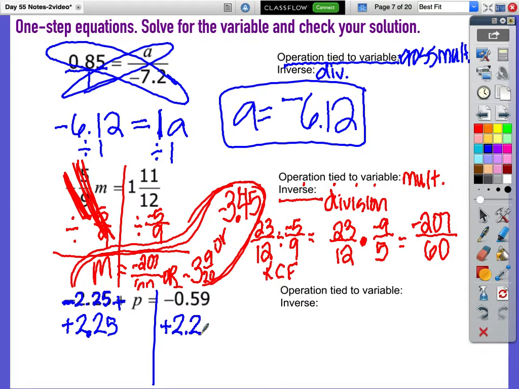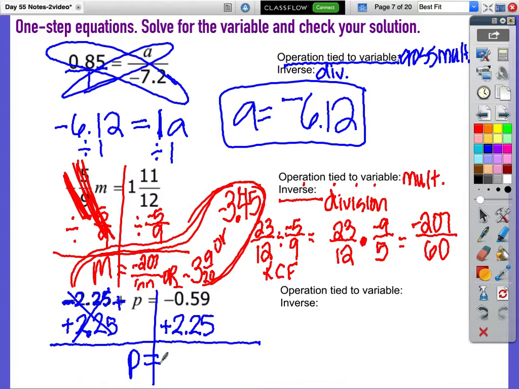Seems like a crazy thing to do. Maybe it's the equation looking a little backwards than normal. That's fine. Just follow your steps. You don't have to understand every single part of this now. Now, you have this negative and this positive 2.25 that have crossed each other out, and we are left with the variable p.